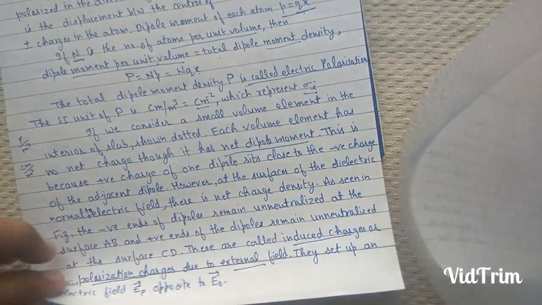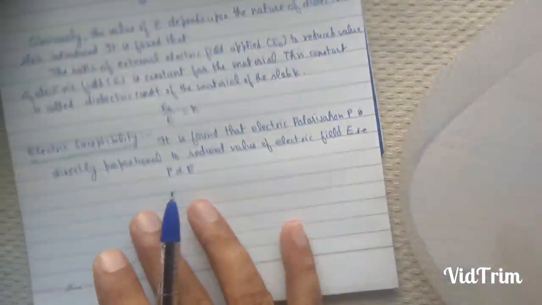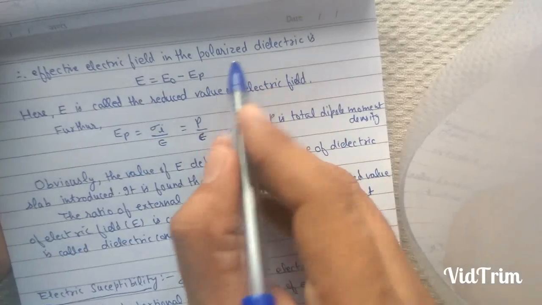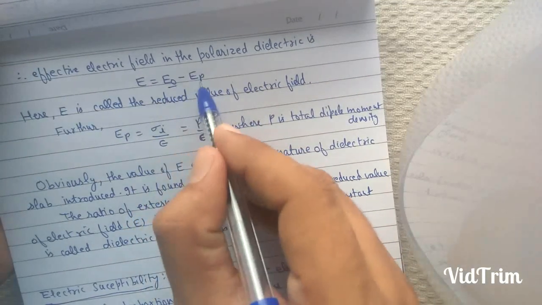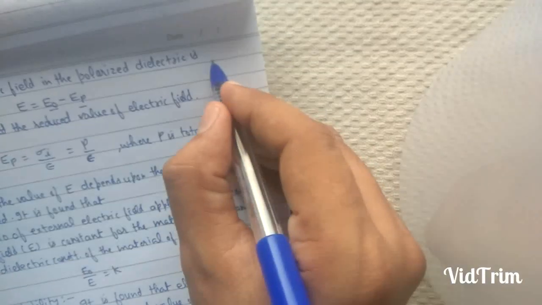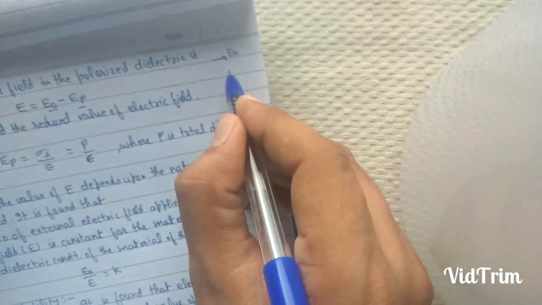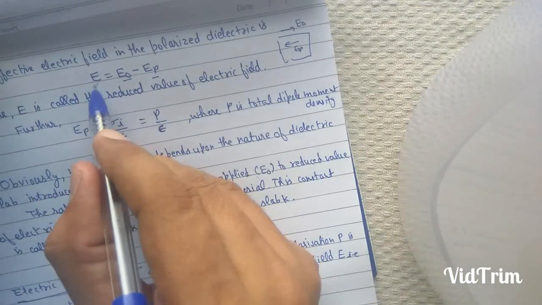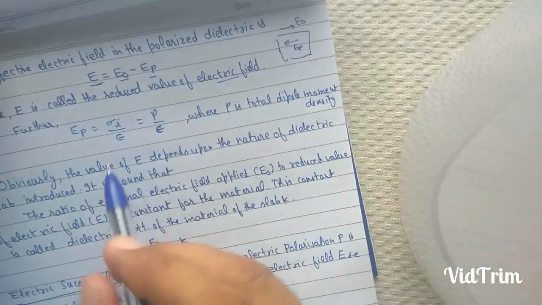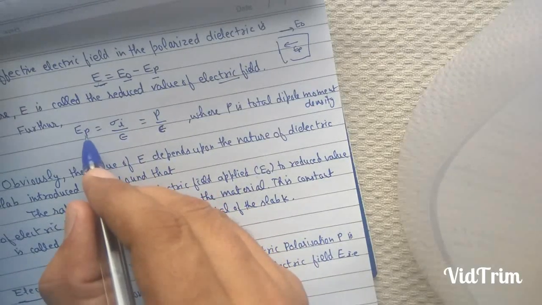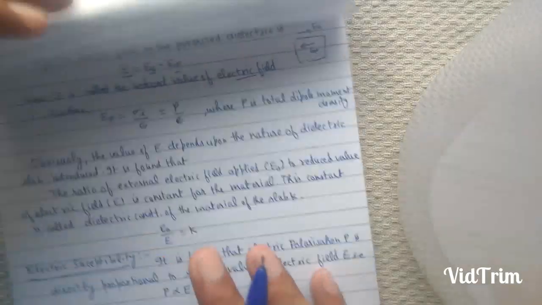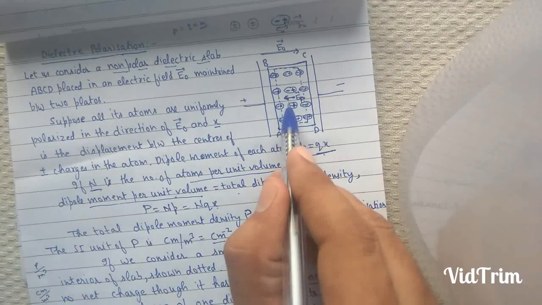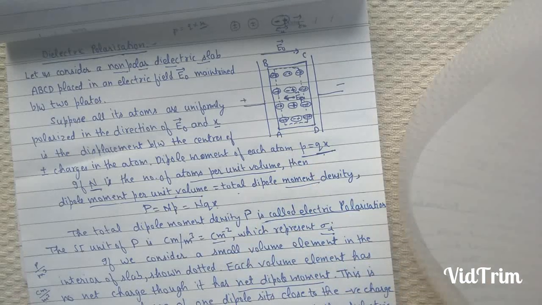Therefore, the net electric field in the interior of the polarized dielectric, the effective electric field, is E naught minus EP, because E naught was in the opposite direction to EP. This E is called the reduced value of electric field. Further, EP is the induced electric field due to induced charges.